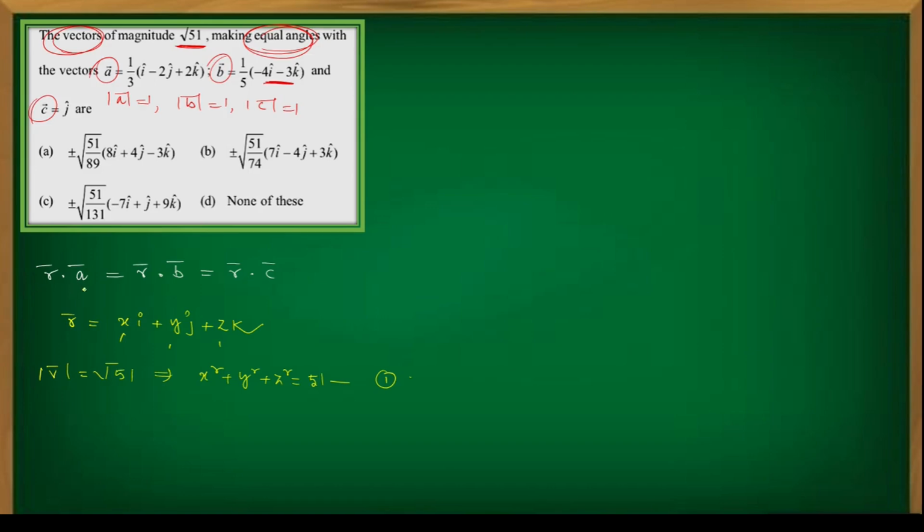Now what is R bar dot A? Let's see what is R bar dot A. X minus 2y plus 2z by 3. This is R bar dot A. Should be equal to R bar dot B. What is that? Minus 4i means minus 4x minus 3z. I hope you can understand these dot products, I'm not explaining. Which is equal to R bar dot C bar, which is only y. Right?